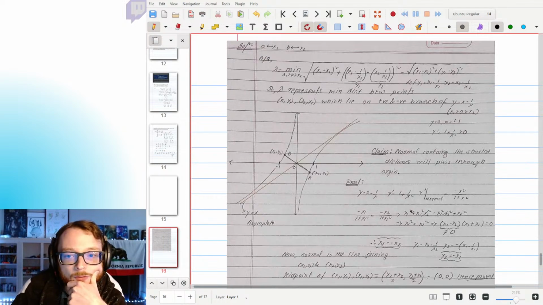You set it up with the distance formula. Lambda represents the minimum distance between 2 points. x1, y1, x2, y2 are on the respective branches.